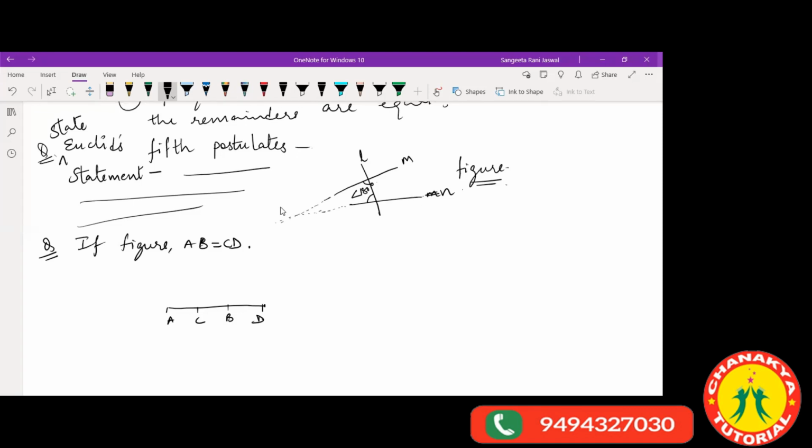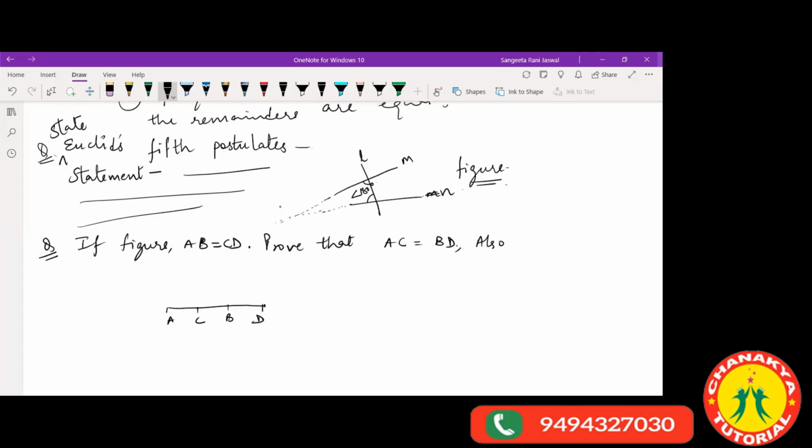In the figure, AB is equal to CD. Prove that AC is equal to BD. Okay.